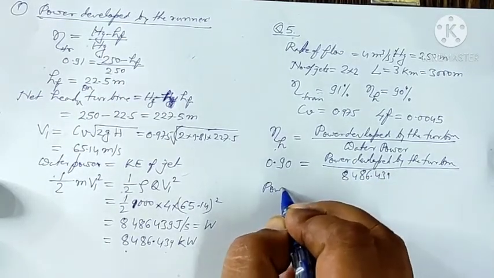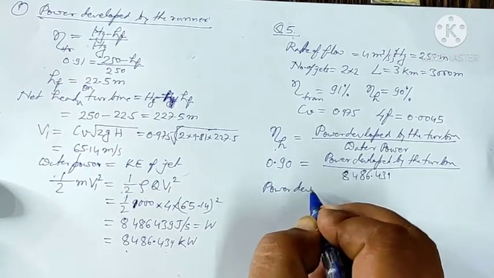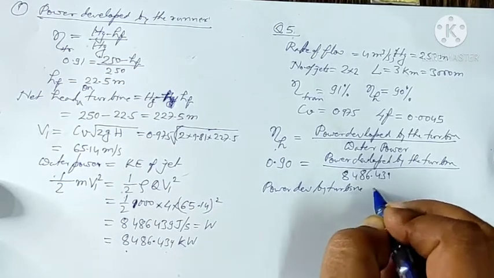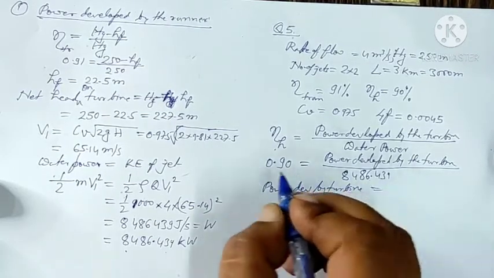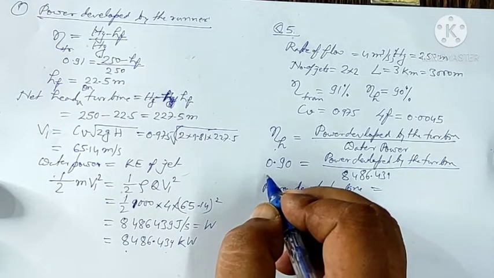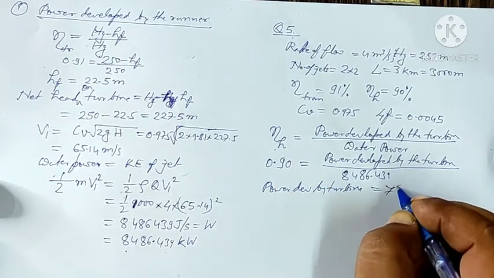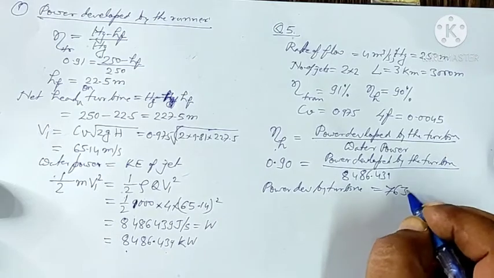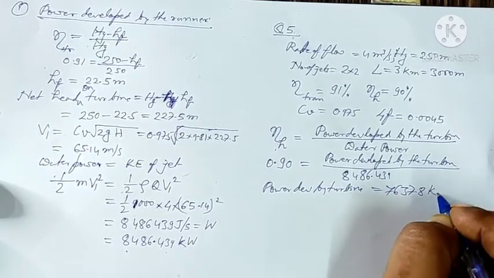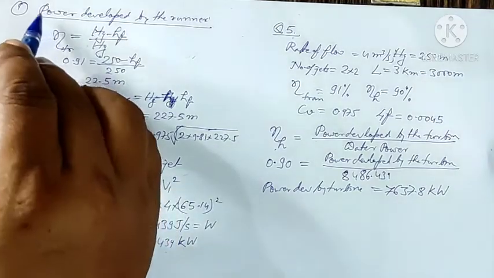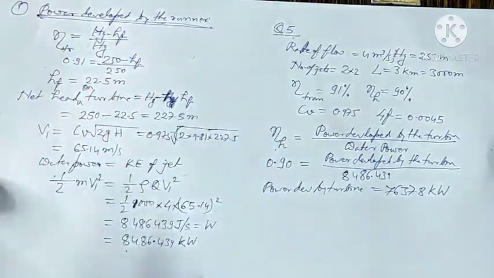So power developed by the turbine will be equals to 8486 multiplied by 0.9. So it is coming out to be 7637.8 kilowatt. So that is the power developed by the runner.